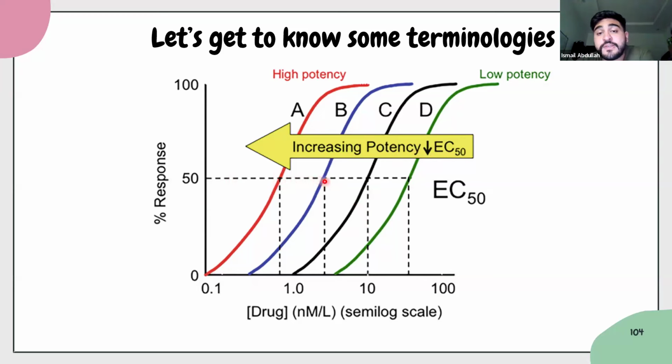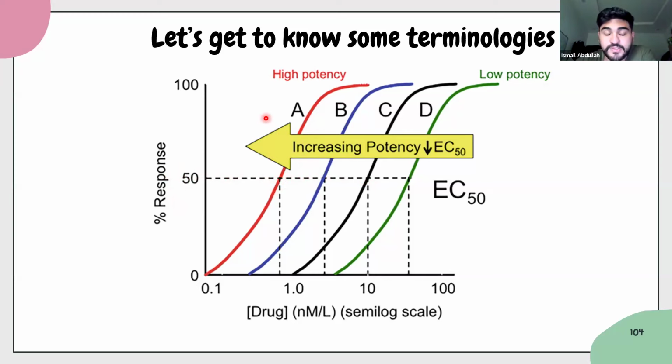If the curve shifts to the right, potency decreases because the 50% response you need is being achieved at higher levels, higher doses. And that's not something that you want, speaking from a pharmacological point of view. You don't want to increase doses, more side effects and that. So the less the dose to get 50% of the response, the more potent is the drug.